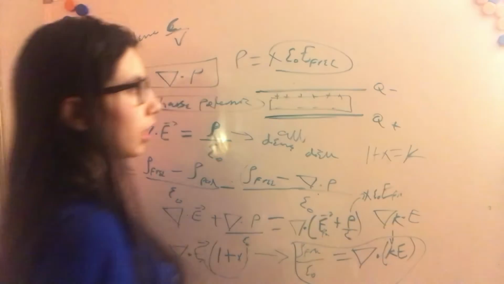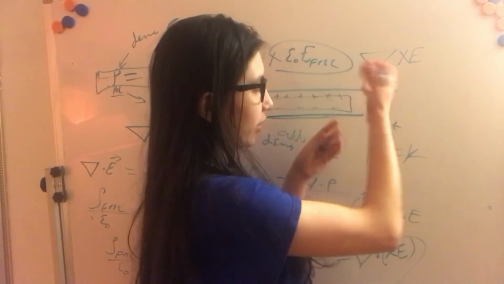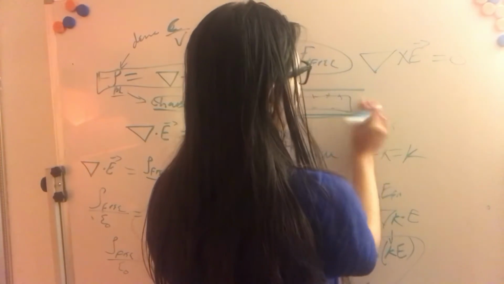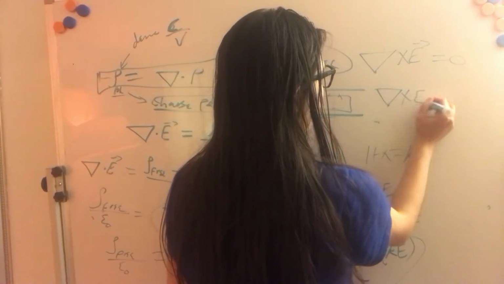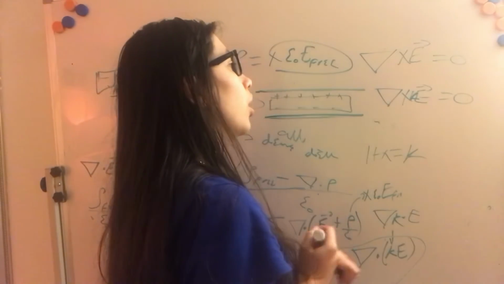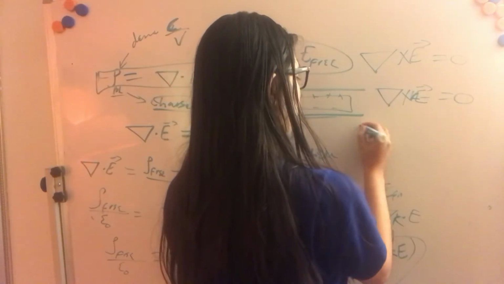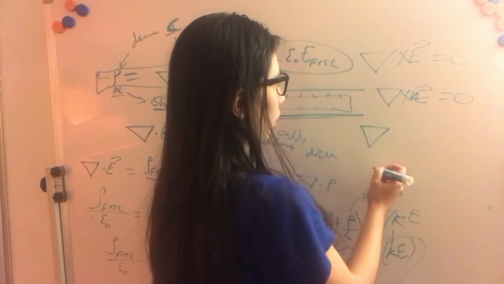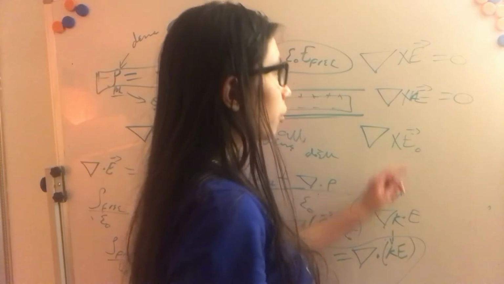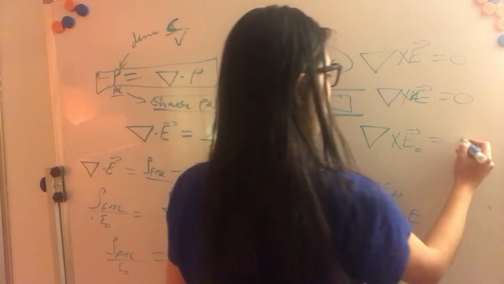The second remains the same, that is the curl, or the circulation, of the electric field is 0, and for the dielectric it will be the same. We put a K here, we put 0. Before putting the dielectric, we can write it as the curl of the electric field. Here we can put a subscript 0, that just means that it is the electric field before the dielectric, and this is equal to 0.